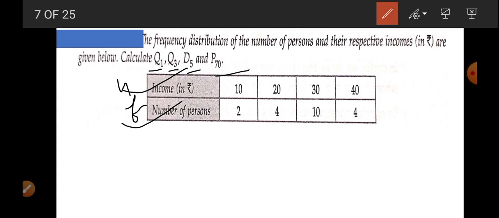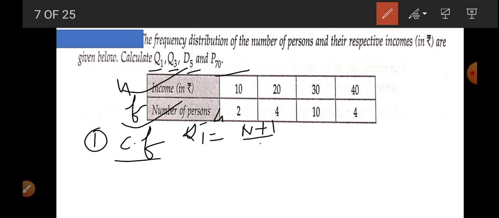So the first step is to calculate the cumulative frequency. After calculating the cumulative frequency, we are going to use the equation. For Q1, quartile divides into 4 equal parts, so n plus 1 upon 4.